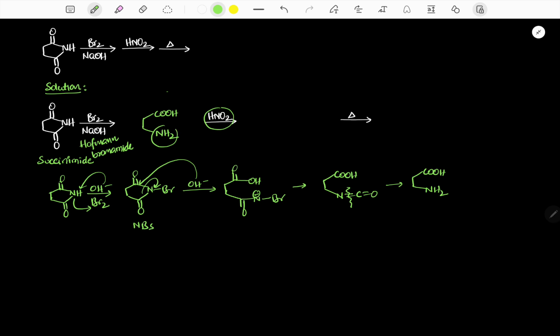When the NH2 group is treated with HNO2, HNO2 produces the electrophile NO plus, and the N lone pair attacks NO plus. Finally it converts into a diazonium salt, and the aliphatic diazonium salt is unstable since it is primary. So water attacks, the leaving group leaves, and we get the corresponding beta hydroxy acid.